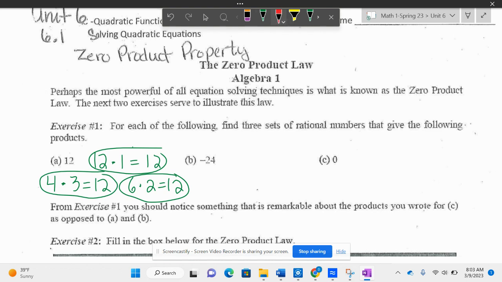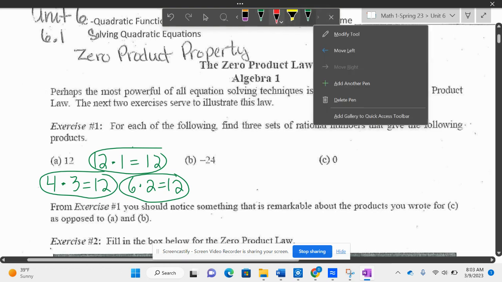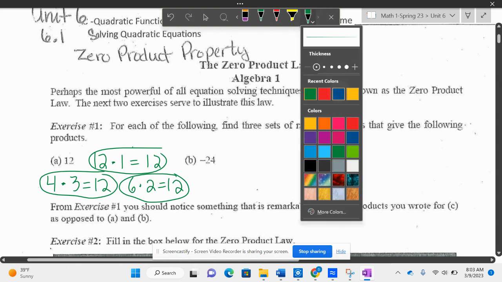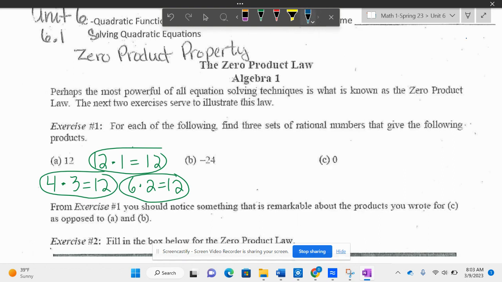What are 3 ways that we can get a product of -24? Give me one. -2 times 12. Are you guys okay if I just put it in a parenthesis like that? 6 times -4.